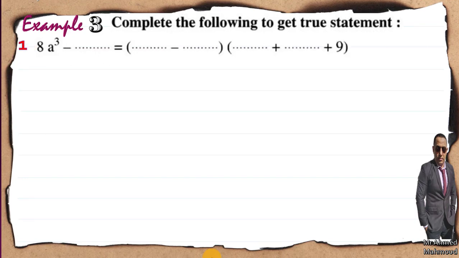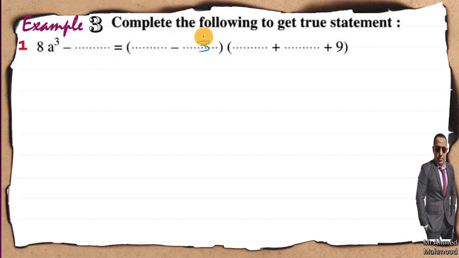Complete this expression. Here this number is a square, and it comes from this number. Again, 9 here comes from this number: number power of 2 equals 9. It's 3 because 3 power of 2 equals 9.